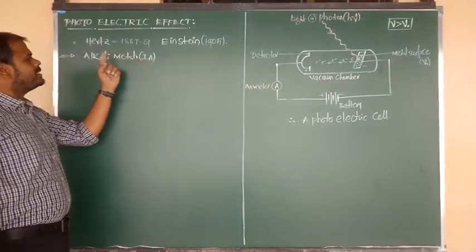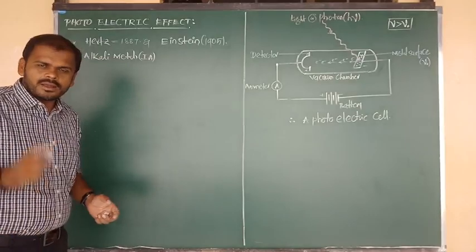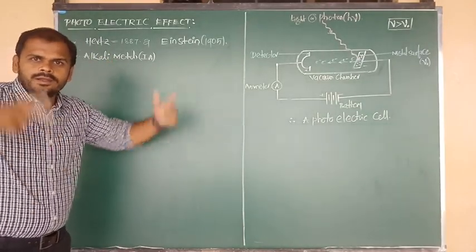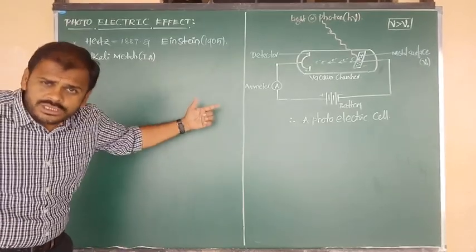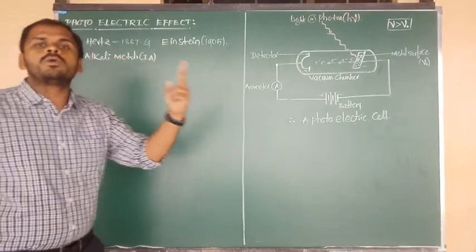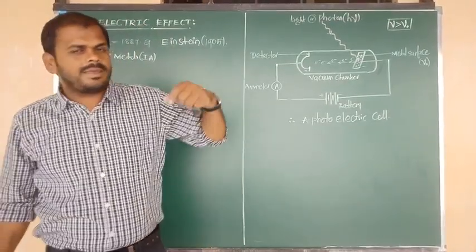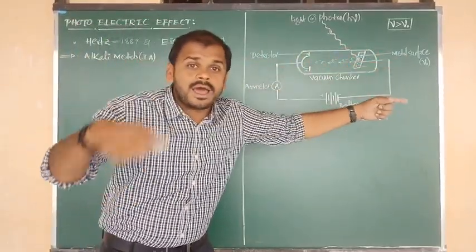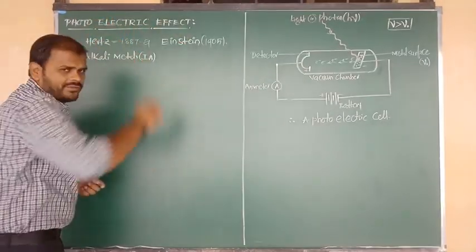So alkali metals, or group 1A elements, which are present in the S block and in the first group of the periodic table, have large atomic sizes. Due to their large atomic sizes, and secondly due to their greater electropositivity, they can easily lose or release electrons. That means they show the maximum photoelectric effect.